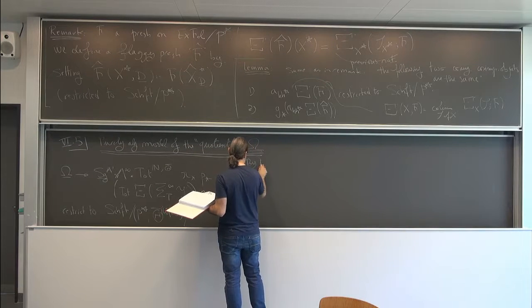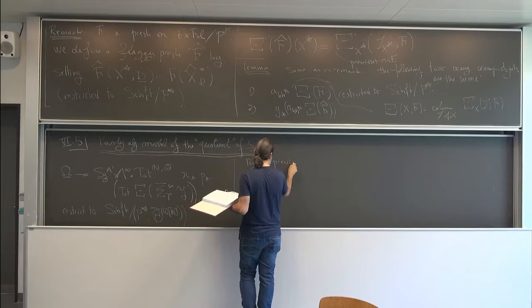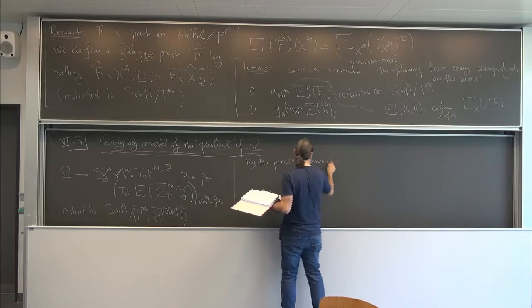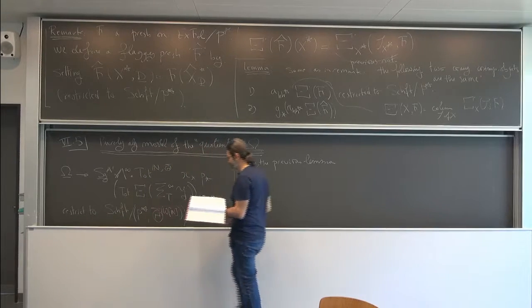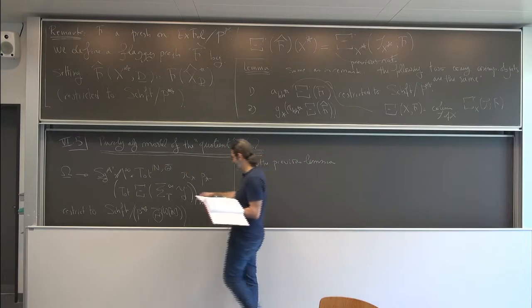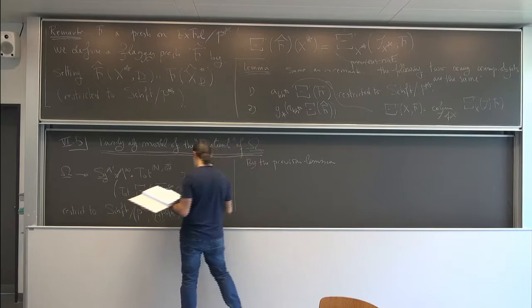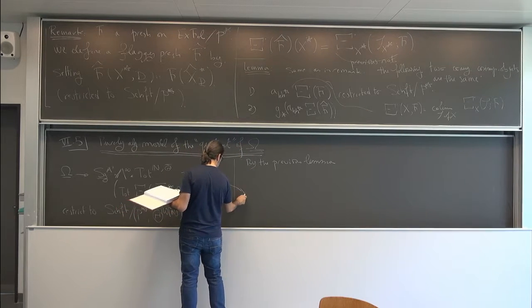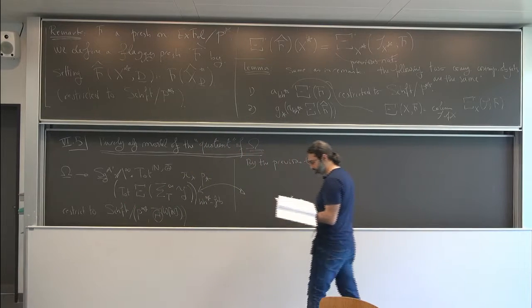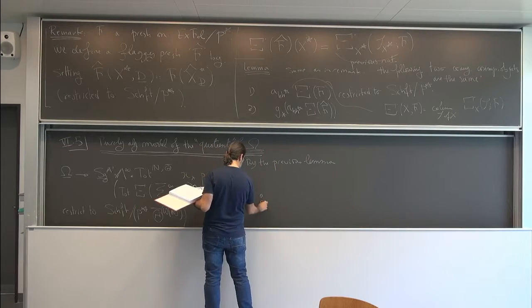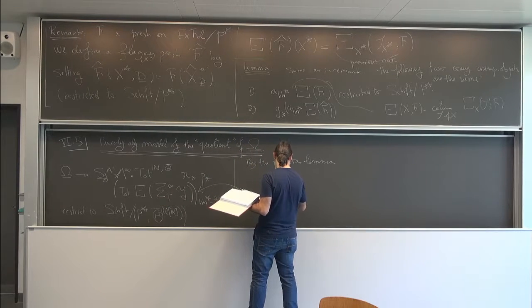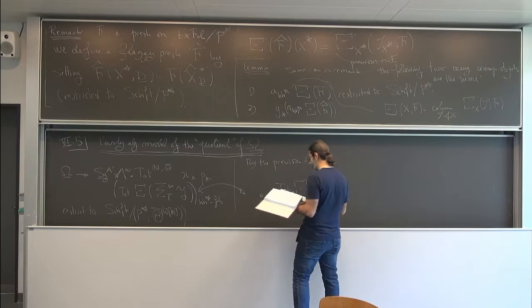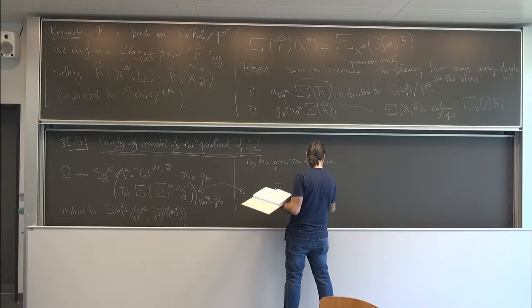By the previous lemma, after restricting to finite type schemes, we can replace this part here by G lower star of the Godmont complex, but now on this flaggy spectrum.